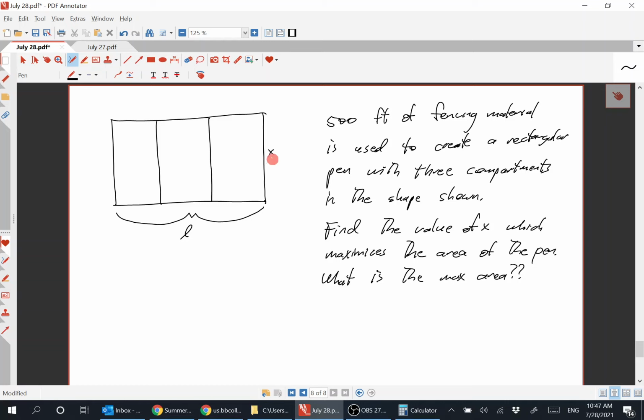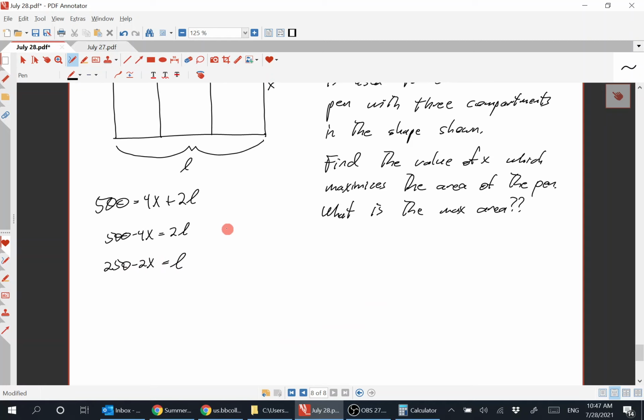But what these x's do is use up fencing material. We have 500 feet of fencing material, so 4 lengths of x plus 2 lengths of L are used to construct this pen. So 500 minus 4x is 2L, so 250 minus 2x is L. So L can be written in terms of x.